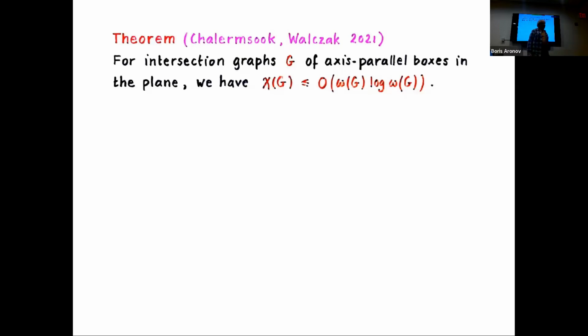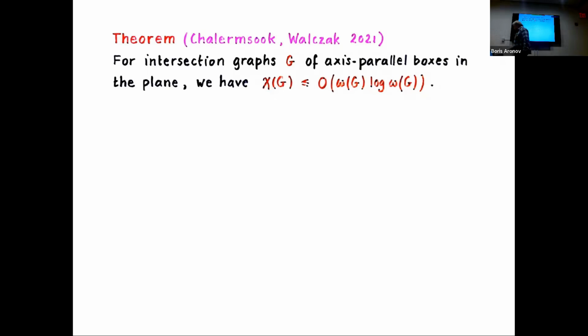So, for intersection graphs of axis parallel boxes in the plane, this is the example that I told you before, where Grünbaum and Asplund proved this bound. Actually, there is a better bound now, after many years: Chalermsook and Walczak improved this omega squared to omega log omega.